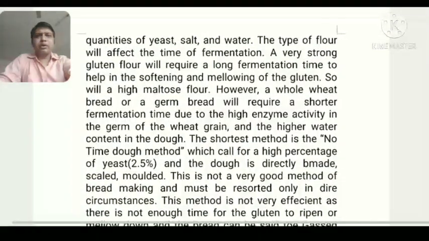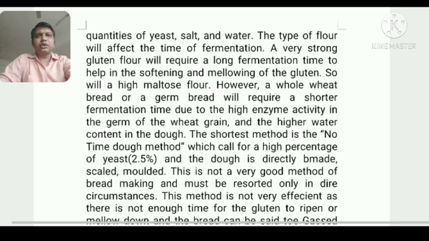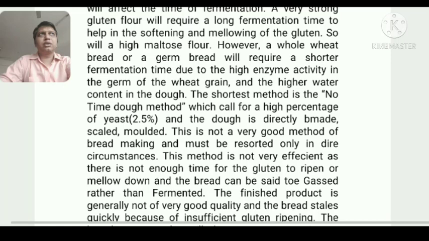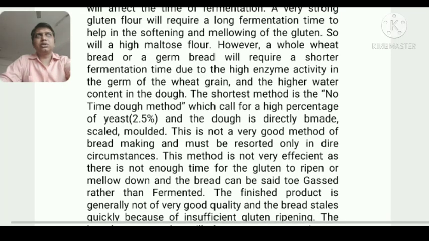Under this category of straight dough method, we also have the no time dough method, but it is only used in very disastrous circumstances, when we need to get bread very quickly.